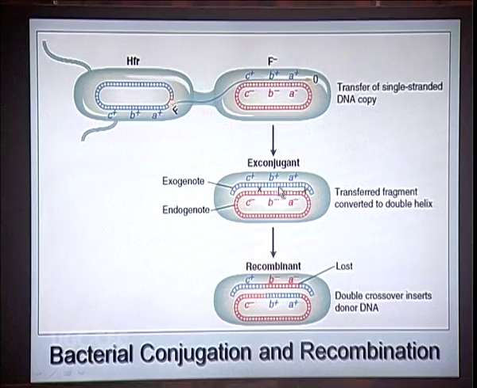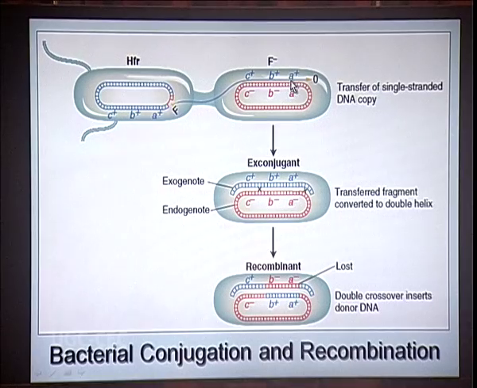Because of this conjugation event, the recipient cell has now become, for example, B plus and A plus. So the bacteria is becoming more efficient, much more capable of surviving under adverse conditions. This is the main importance of HFR cross F minus matings.